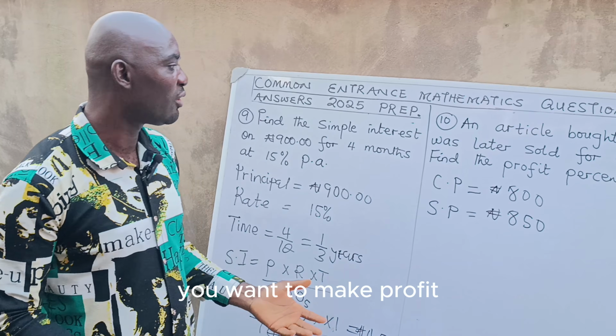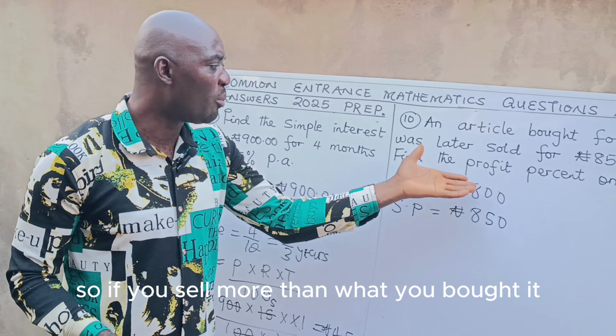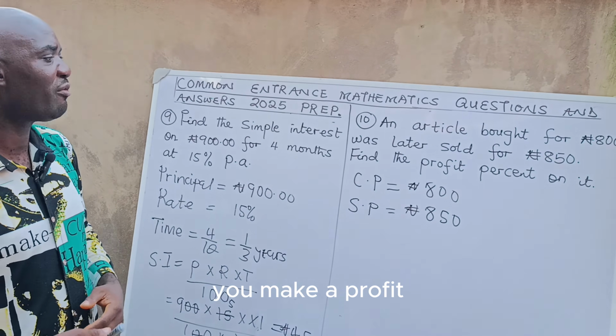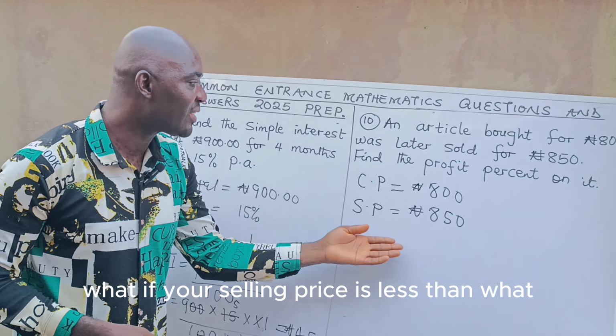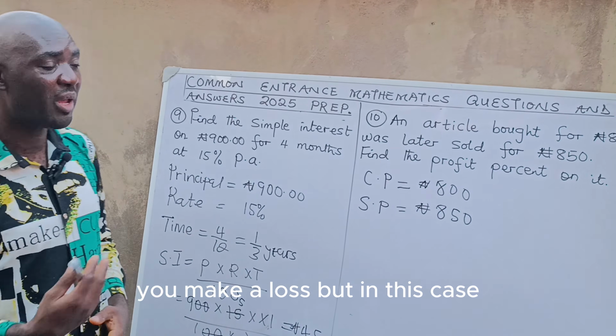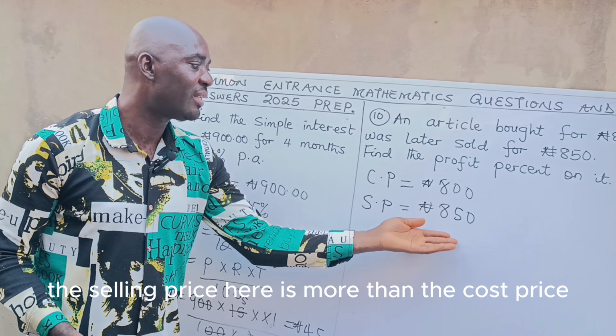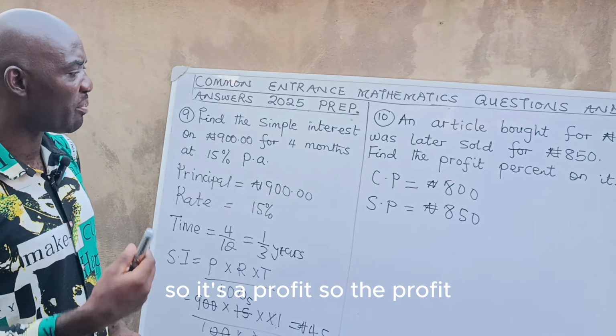So in this, anytime you buy something as a trader, when you buy and sell, you want to make profit. So if you sell for more than what you bought it for, you make a profit. But if your selling price is less than your original cost price, you make a loss. But in this case, the selling price is more than the cost price, so it's a profit.